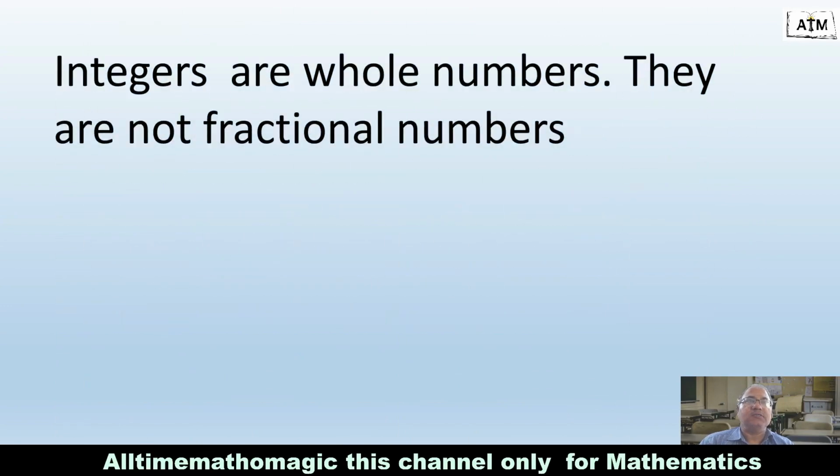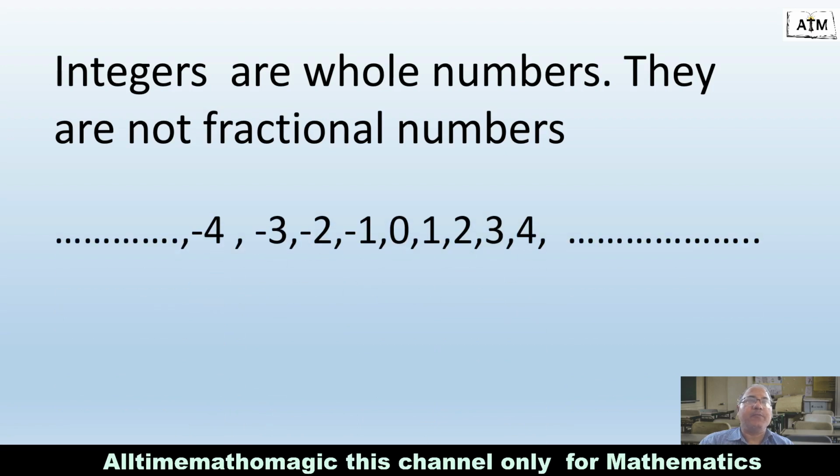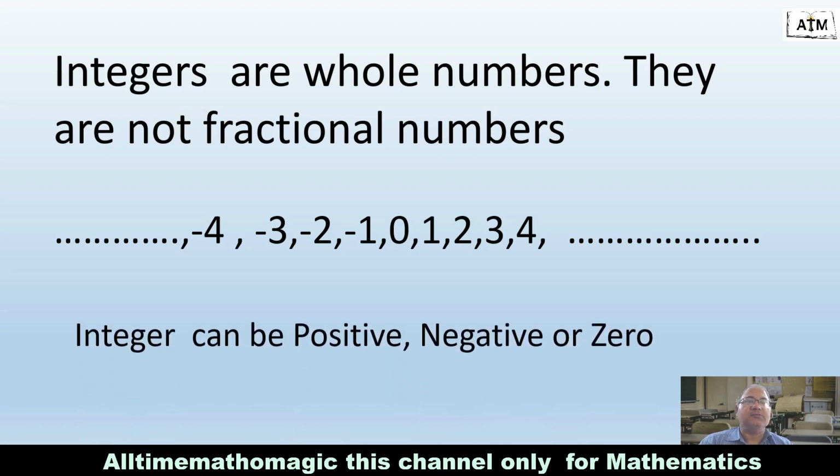Integers are whole numbers. They are not fractional numbers. Example, the numbers like -4, -3, -2, -1, 0, 1, 2, 3, 4, etc. They are all integers. Integers can be positive, negative, or 0.